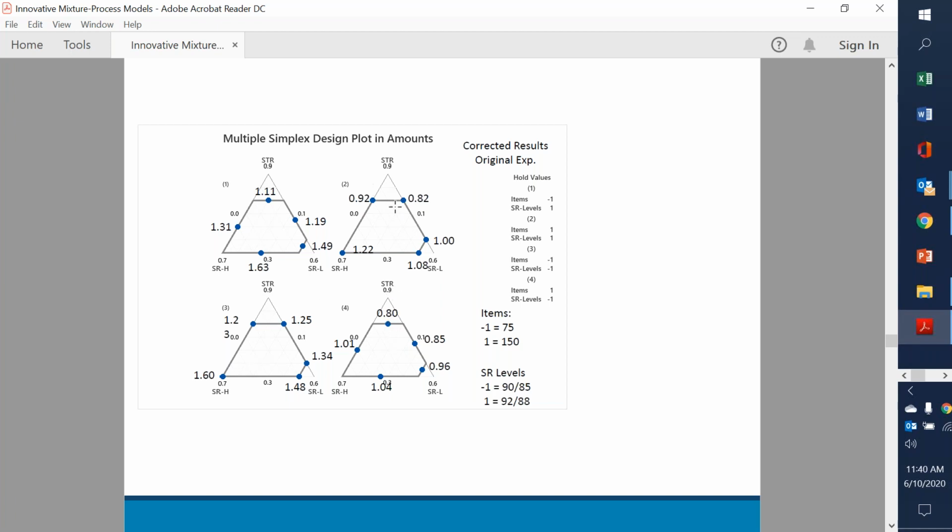These two are the items at the high level. If there's no difference between the low and the high with the items, bang, it projects down. It projects to a complete vertices and midpoint of edges experiment for holding items at whatever value. Really cool.